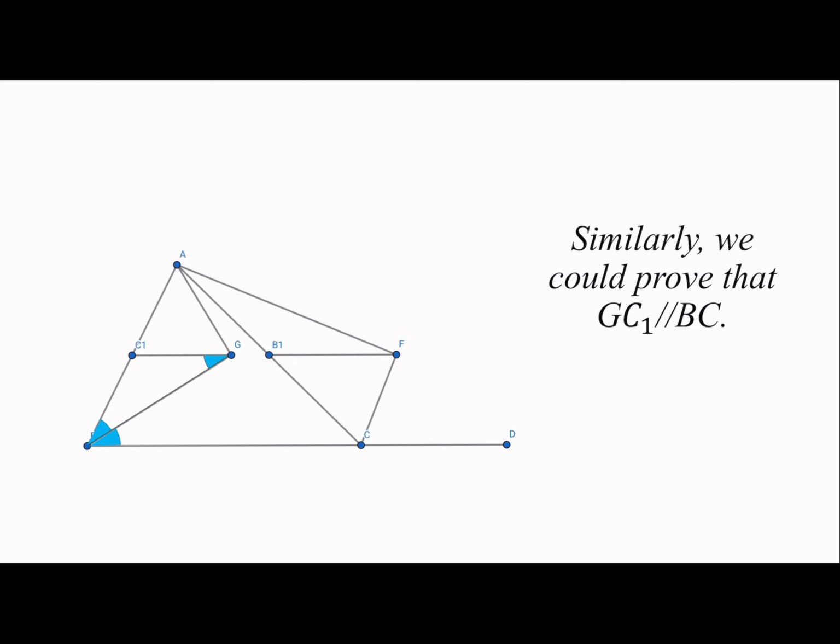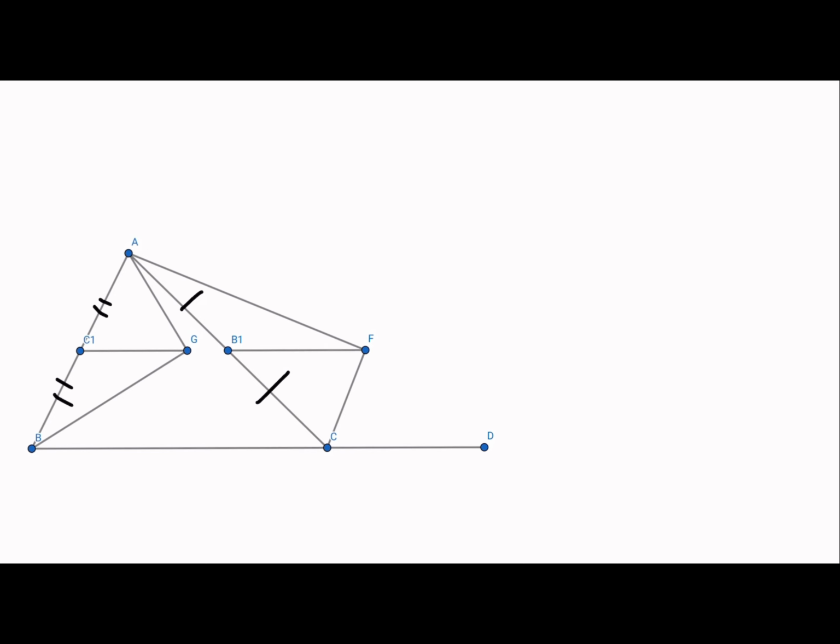So in order for B1, C1, G, and F to be collinear, we have to prove B1C1 is parallel to BC, parallel to GC1, parallel to FB1. Note that AC1 equals C1B and AB1 equals B1C, because they are the midpoints of AB and AC respectively.